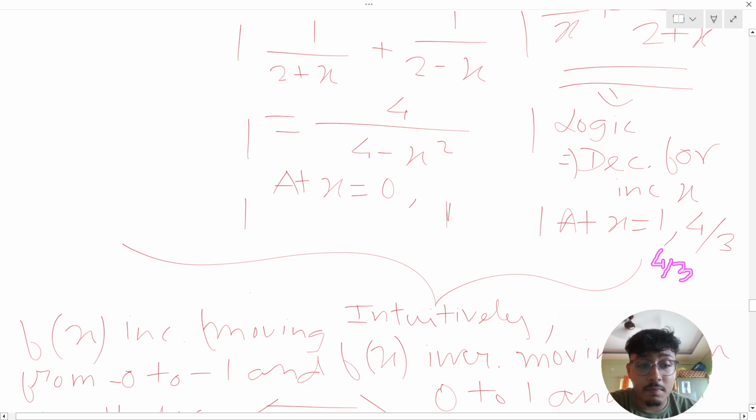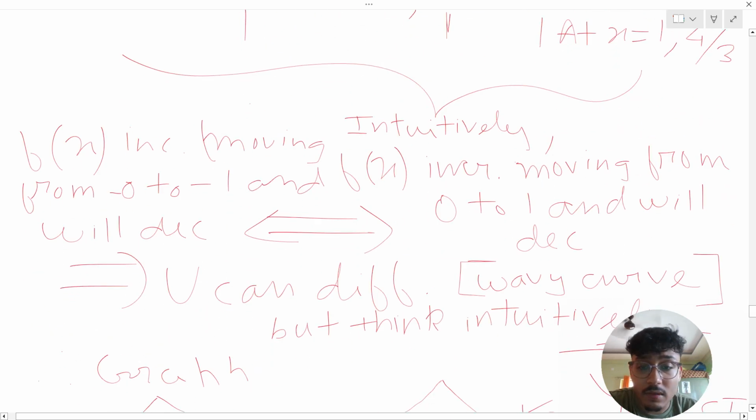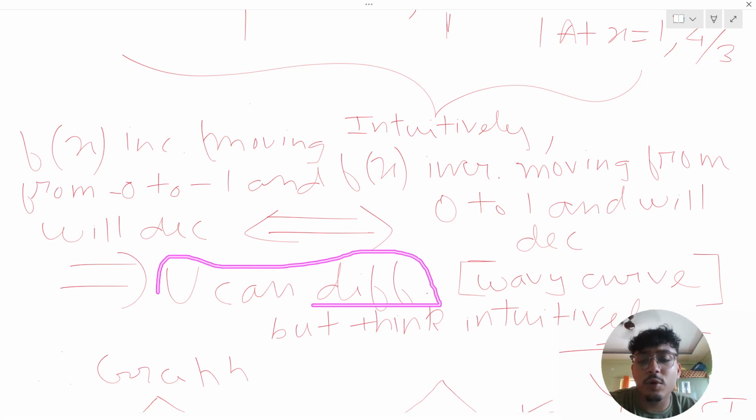Since we know my maxima minima, the wavy curve thing should be symmetric in nature, this is less, this is more, then this should be more. To maintain this pattern of wavy curve, you can differentiate it, no problem with that. I am fully confident if you differentiate it, you will be getting the same result.